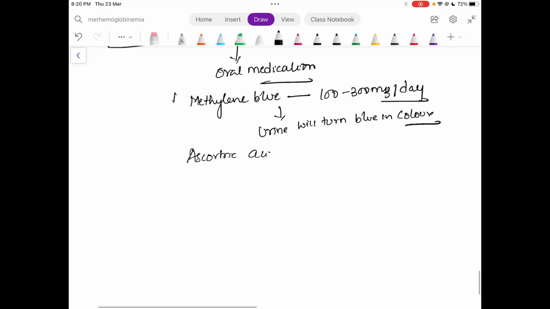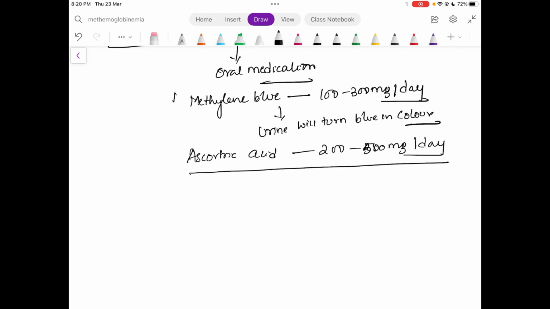Next, ascorbic acid. It will be around 200 to 500 milligrams per day.